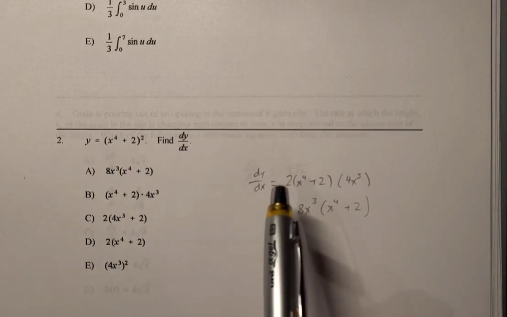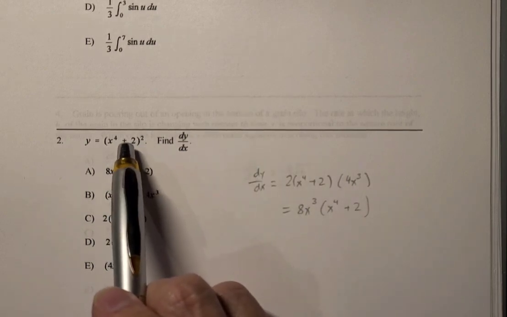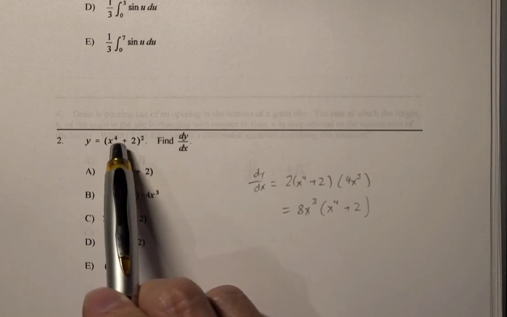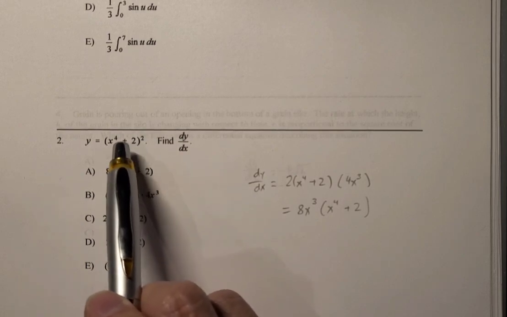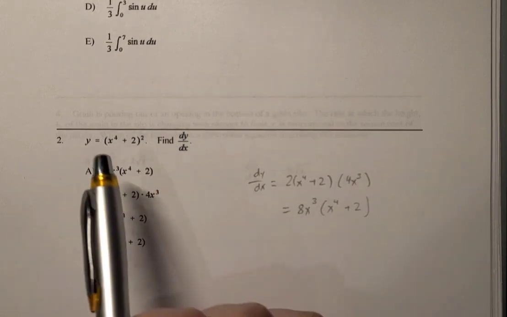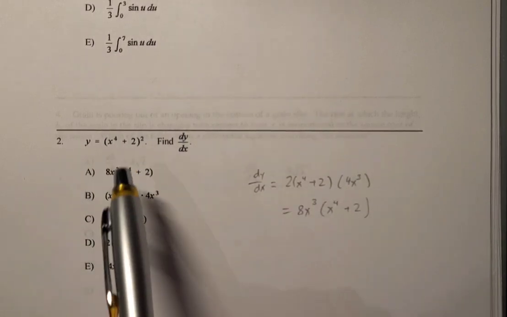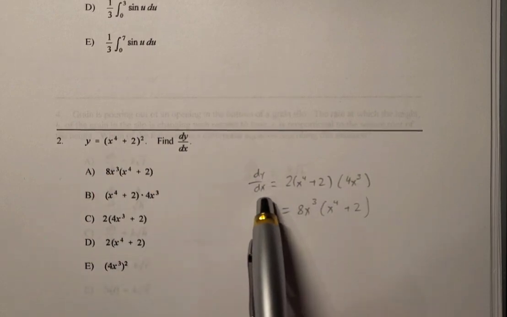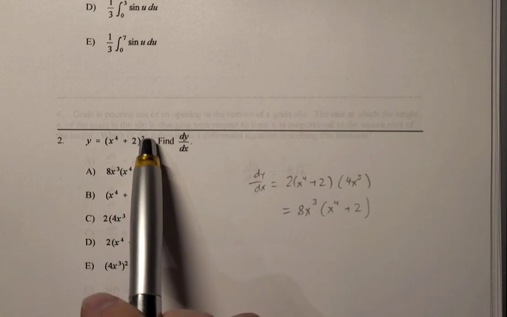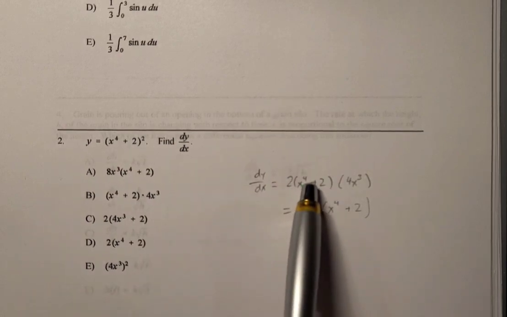So with the chain rule, we're going to do the power rule first because this is a composite function. x to the 4th plus 2 is one function, and something squared is the other function. So dy/dx is, power rule first, 2 times x to the 4th plus 2 to the first power, times the derivative inside.